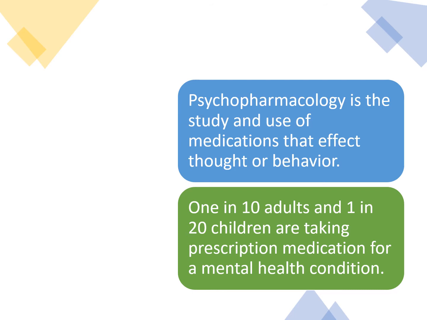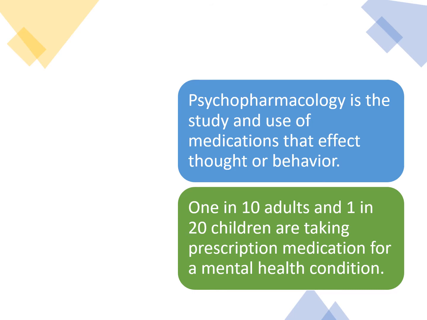Psychopharmacology is the term. It means the study and use of medications that affect thought or behavior. One of the things to know about this is that there's a certain level of consent that you need, where you have to have them sign an informed consent when it comes to what we call psychotropic medication, in other words, medication for psychiatric use.